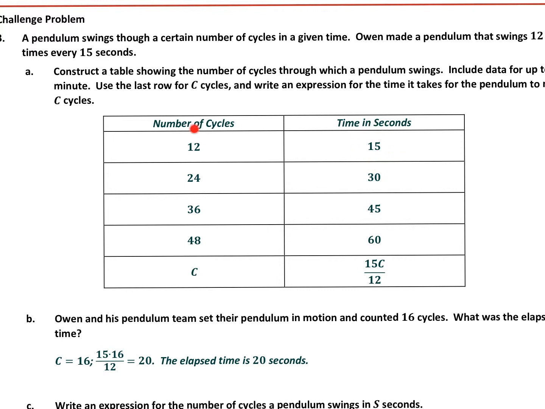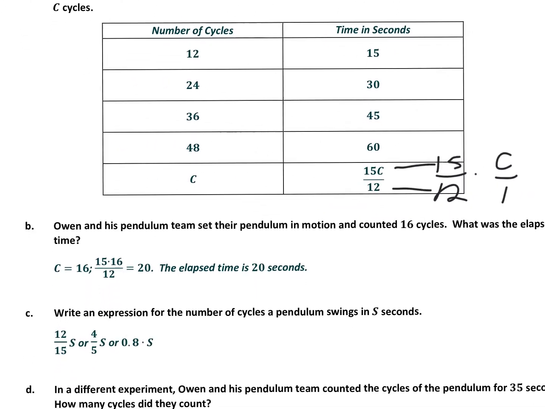15 over 12, 15 divided by 12, times C. And this would be the same exact thing as 15C over 12, because if you think 15 over 12 times C, what's C as a fraction? Well, anything over 1 is itself. So 12 times 1 is 12, and 15 times C is 15C. So that's how they get that.